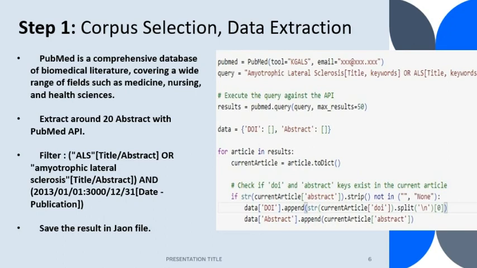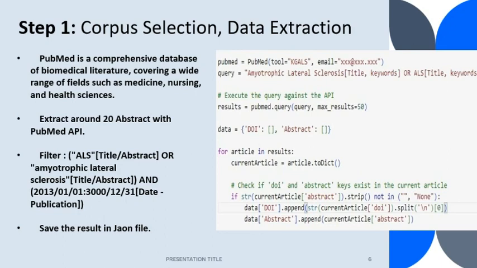We're trying to extract the abstracts of about 20 papers. The filter that we use to extract the data is, for example, that ALS or the name of the disease is in the title or abstract, and the publication should not be before 2013.